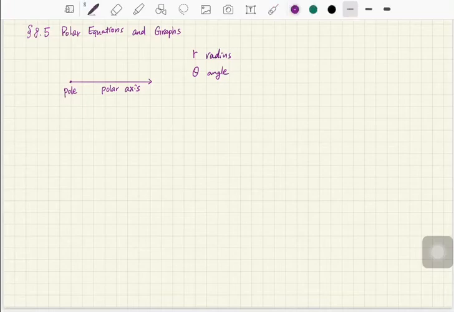For example, I'm talking about some angle theta with some random radius r, then my location is going to be this point. So this is the location for some random (r, theta), where the distance is r and the angle is theta.